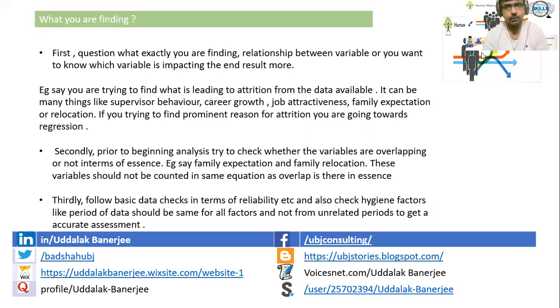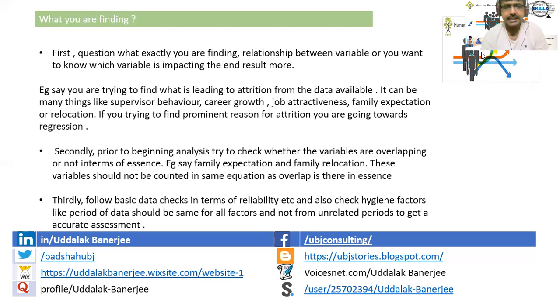For example, say you are trying to find what is leading to attrition from the data available. It can be many things like supervisor behavior, career growth, job attractiveness, family expectation, or relocation. If you are trying to find the prominent reason for why the attrition is happening, you are going towards regression.